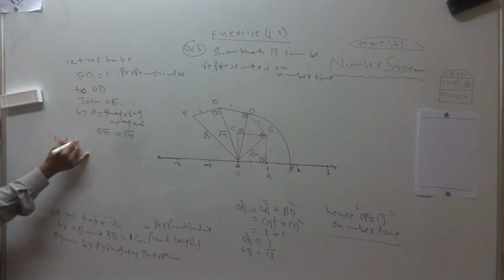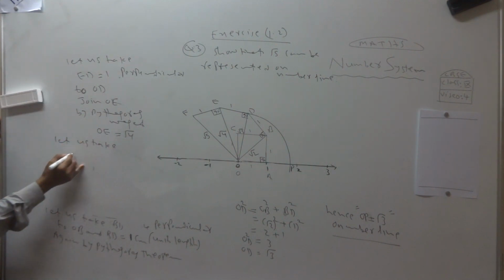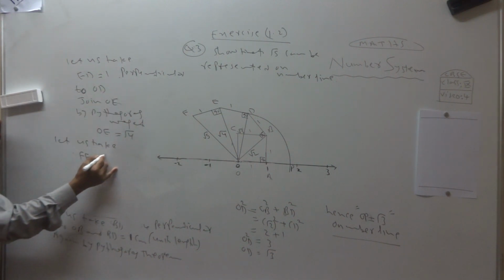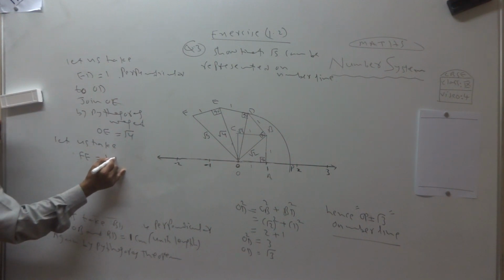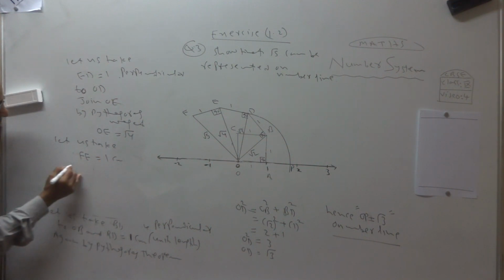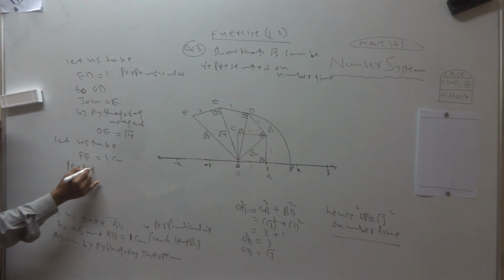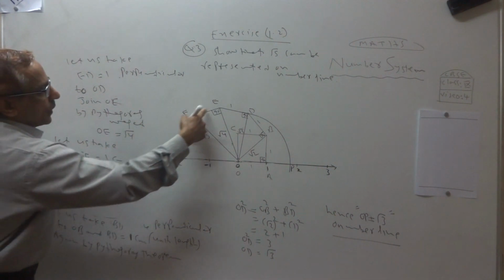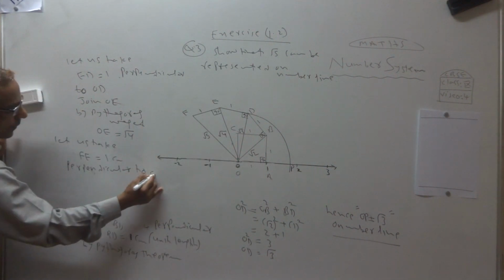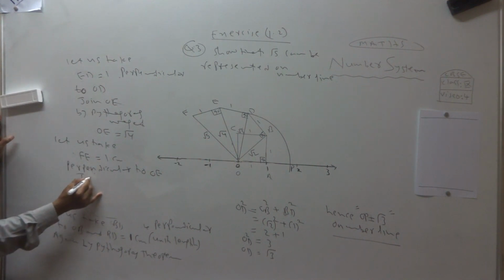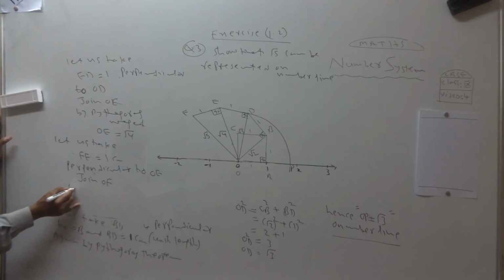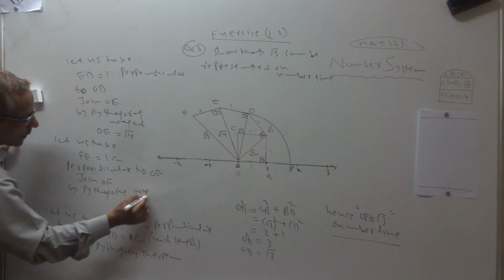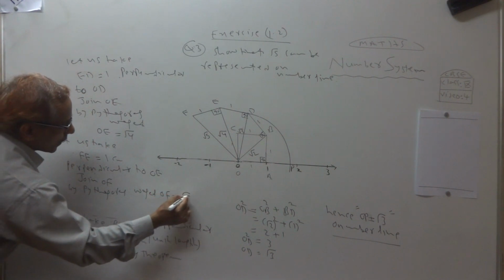After that, let us take the last step. Let us take FE as 1 centimeter, perpendicular to OE. Then join OF. By Pythagoras we get OF is root 5.